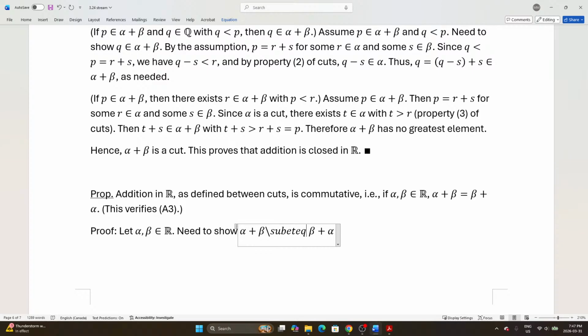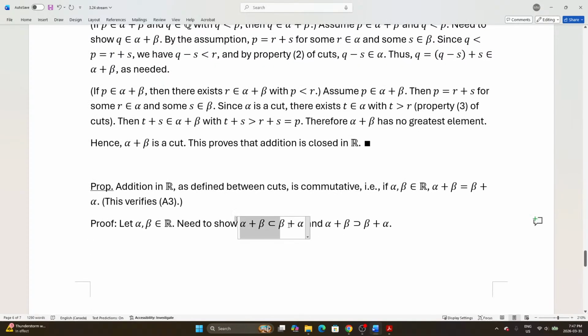So we want to prove that alpha plus beta is a subset of beta plus alpha and vice versa, basically just reversing the containment symbol. So let's first prove the first relation.